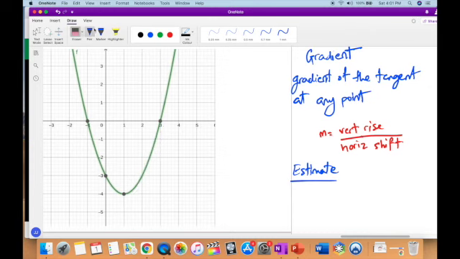So draw your tangent and try to make sure that it only touches the curve at the point where x is 2. I'm going to give you 2 minutes to do that. Draw the tangent at the point where x is 2, measure a horizontal shift and a vertical rise, and see if you can find the gradient.